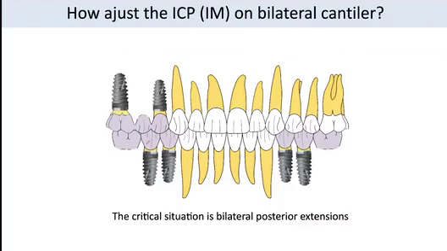How to adjust ICP with bilateral cantilever? When you have bilateral cantilever, you cannot say to the patient, you have to chew on the other side or on the anterior teeth. So he cannot chew hard food because there are risks.